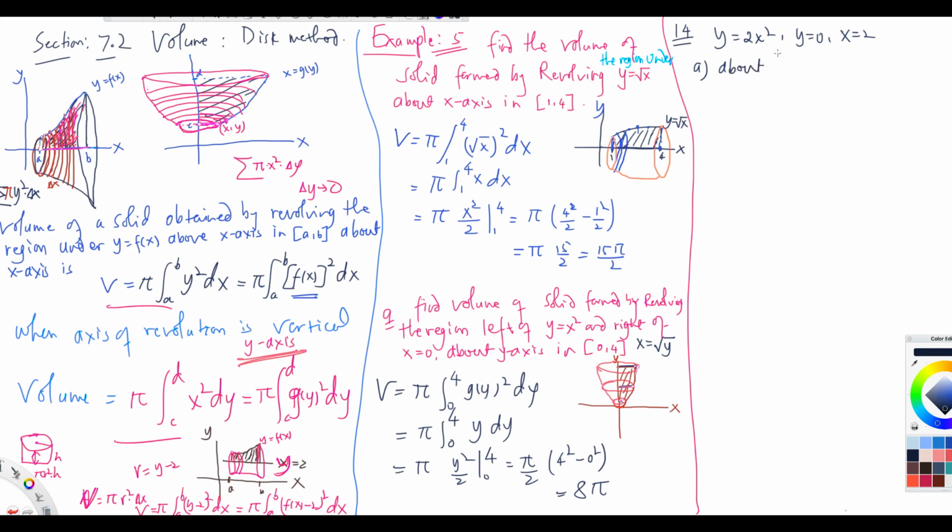You want to revolve the solid about the y-axis. And part b is about the x-axis, and part c is about the line y equals 8.